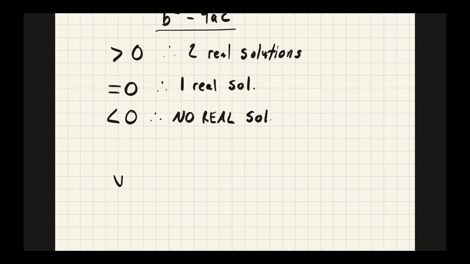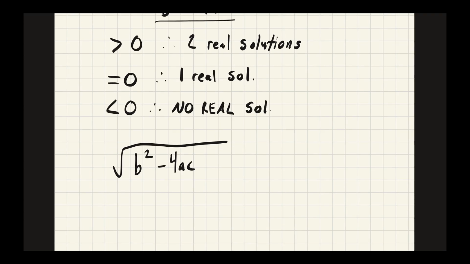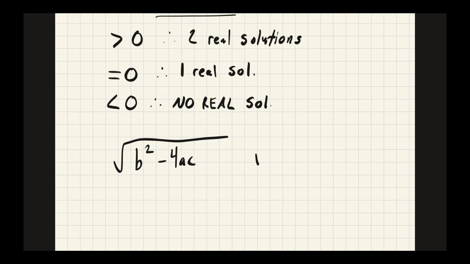So remember that the discriminant is under the square root, so it's b squared minus 4ac. If it's greater than 0, that means that under the square root is a positive number, and you'll get 2 real solutions. If it's equal to 0, that means it's root 0, which is 0, and you'll get 1 real solution.